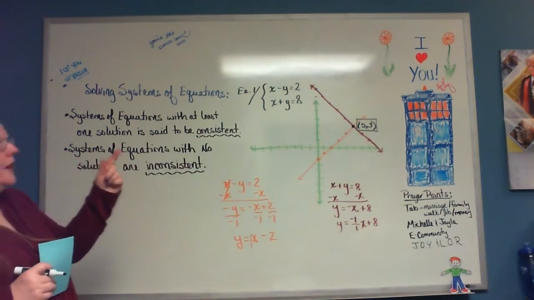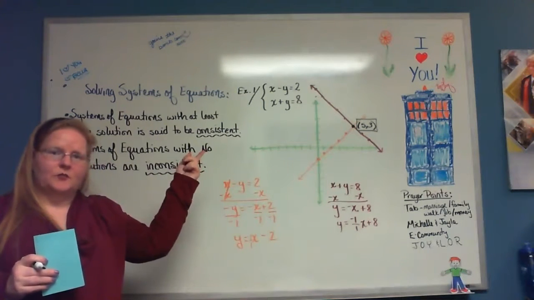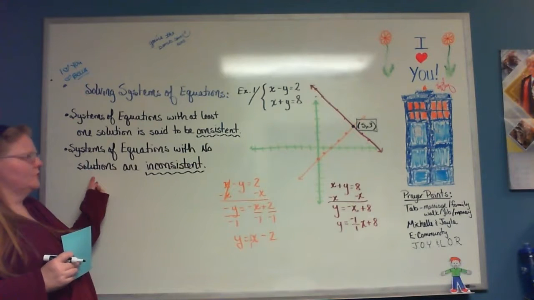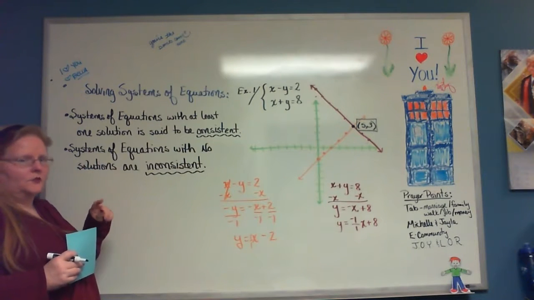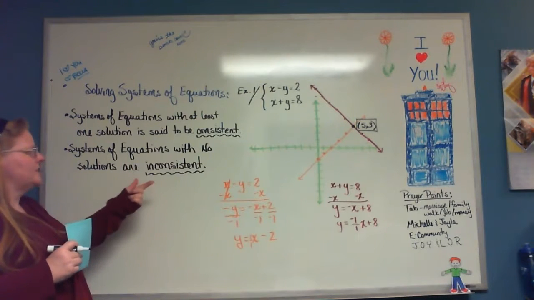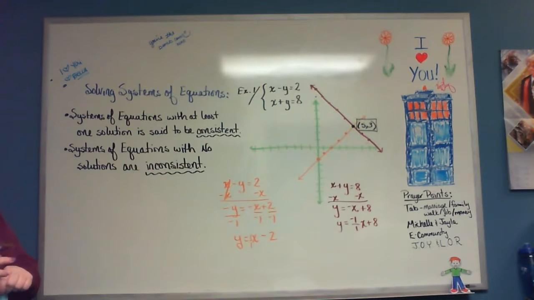So we would describe this particular system of equations as being consistent because it has a solution. If it has no solutions at all, which means it must not cross, because that's the only way you're not going to have any solutions, then it's said to be inconsistent. So when it has an answer, it's consistent. And when it doesn't have an answer, they call it inconsistent.